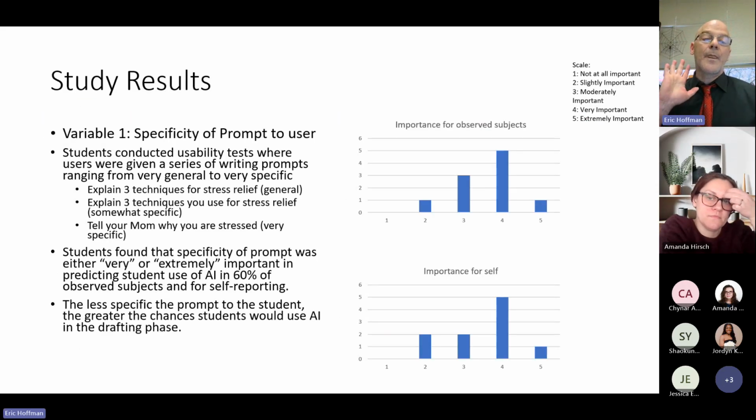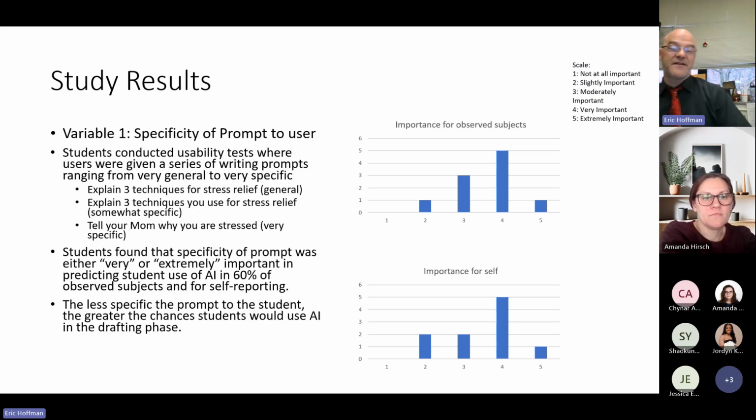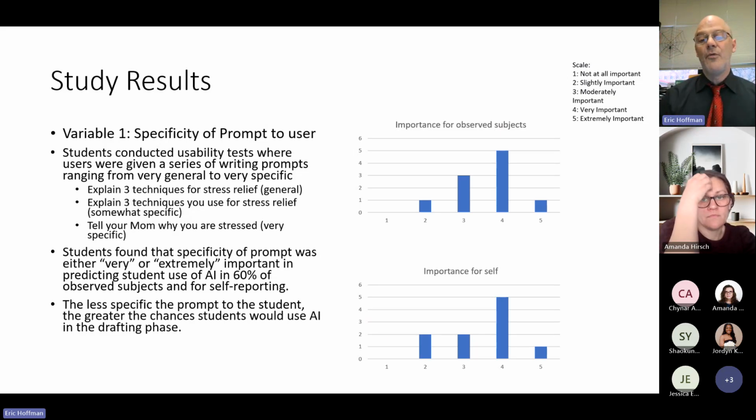So in terms of the first variable, the specificity of the prompt to user, the way that we designed the test was in the usability tests, the users were given 3 different writing prompts. One of them was really general, one of them was somewhat specific, and one of them was very specific to the user.